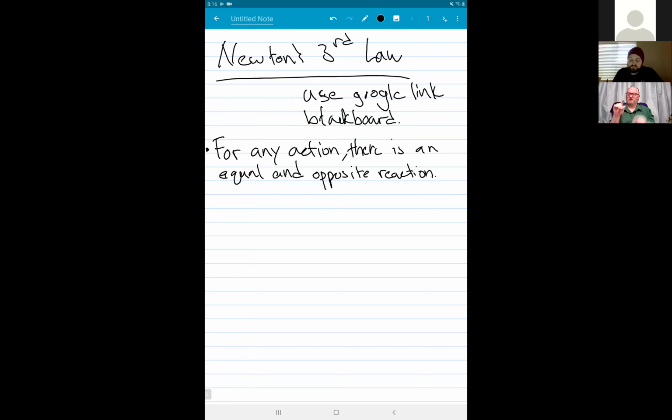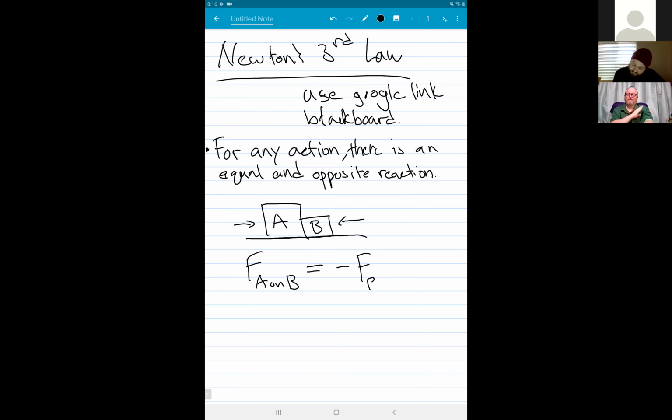But essentially, for any action, there's an equal and opposite reaction. So if you have two blocks, A and B, pushed against each other, the force of A on B is the negative of the force of B on A. Just to give it some mathematical underpinning.